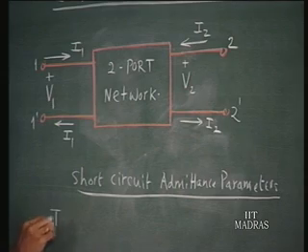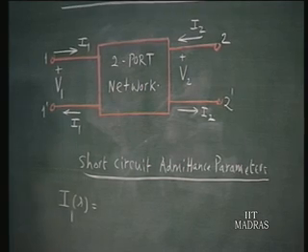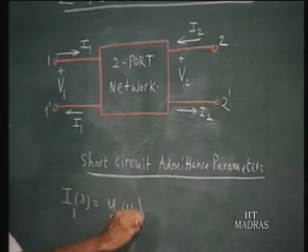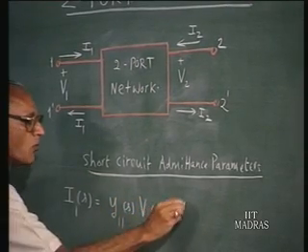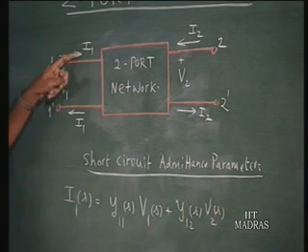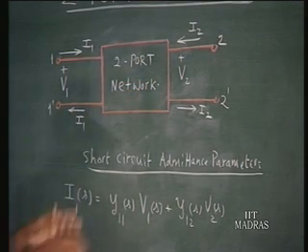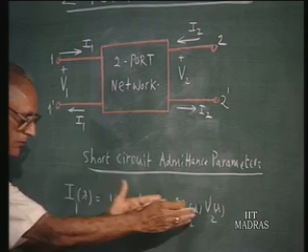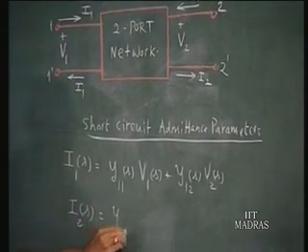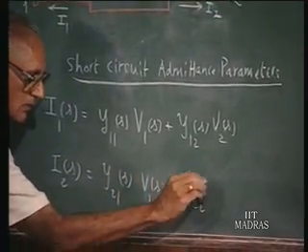So, I1 of S is linearly related to the two input quantities V1 and V2, and the proportionality constants for that are written as Y11 of S times V1 of S plus Y12 of S times V2 of S. So, the response current I1 is linearly related to the input quantities V1 and V2 by the proportionality constants Y11 of S and Y12 of S. Similarly, I2 of S is Y21 of S times V1 of S plus Y22 of S times V2 of S.